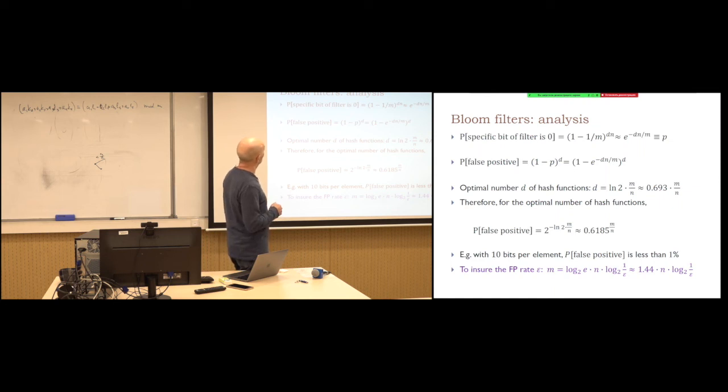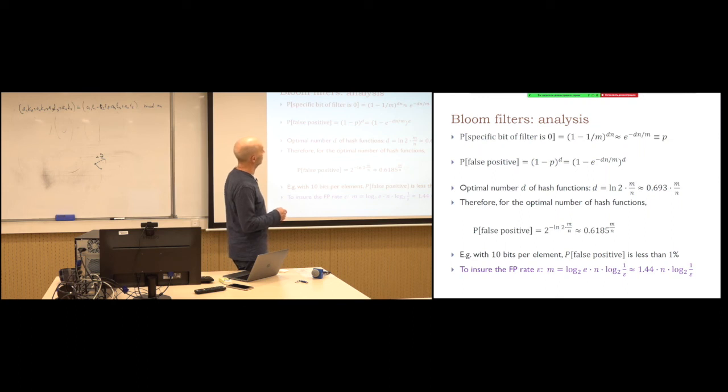Okay, so the analysis is pretty simple. Let's first compute the probability that some specific bit of the filter is 0. It is 0 if it has not been touched by any hash function on any object, right? For a given object and a given hash function, the probability that the bit is hit by this hash function is 1 over m.